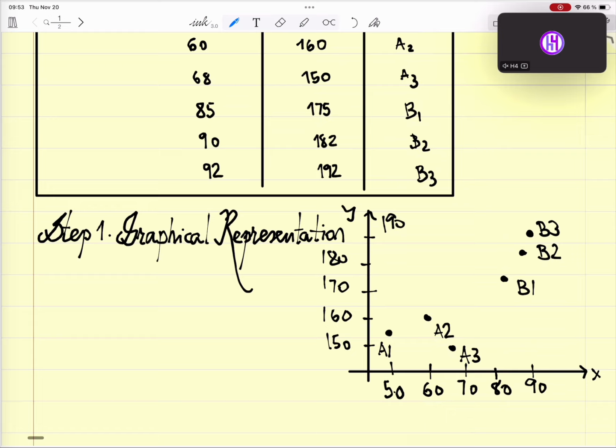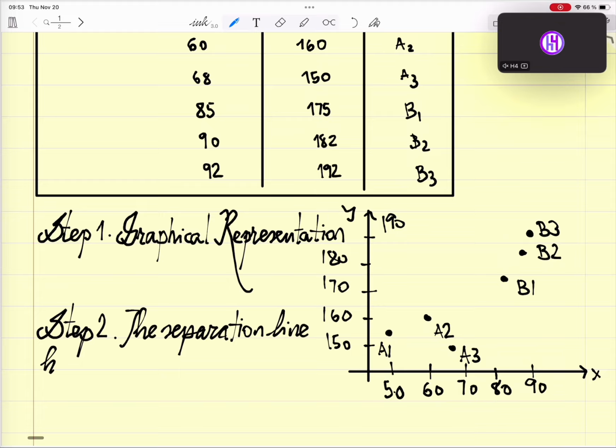So step 2 is to know that the separation line has the form y equals mx plus b.